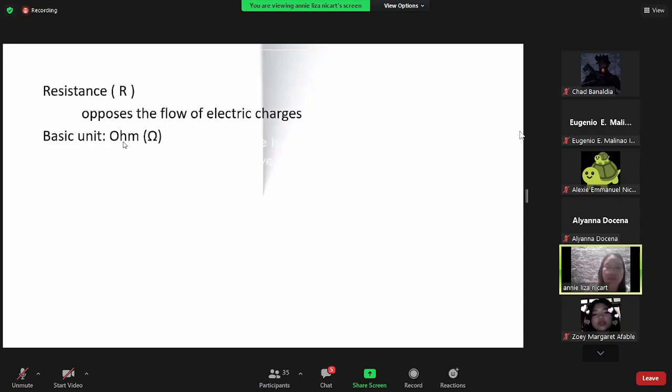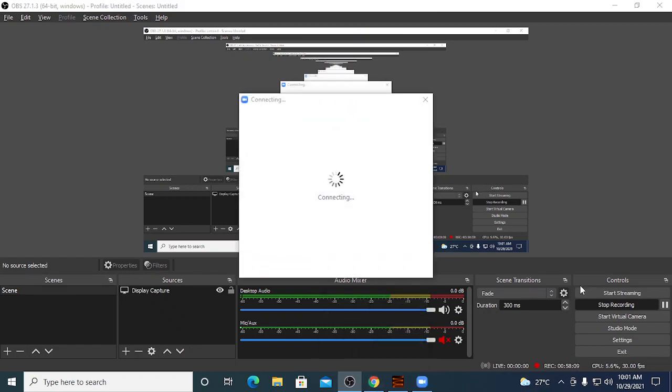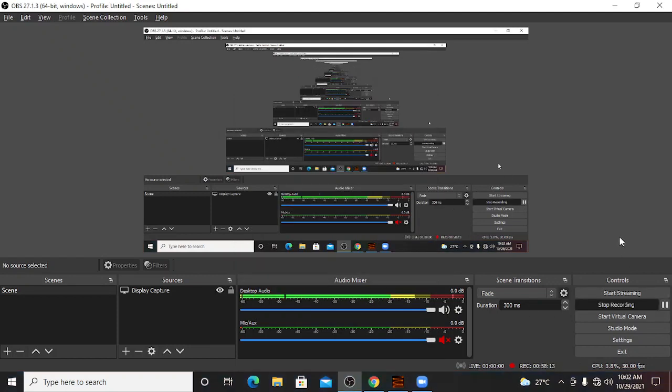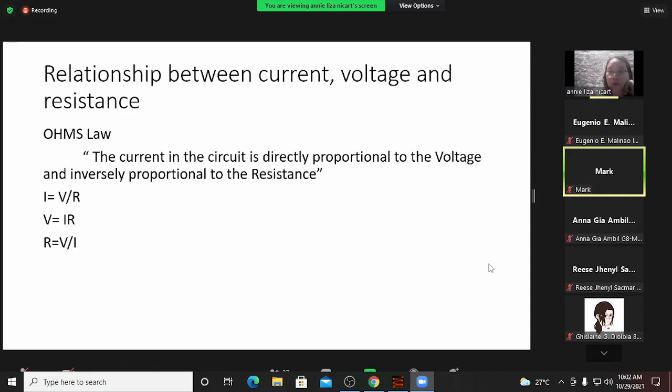Okay, so Ohm's law, which states that the current in the circuit is directly proportional to the voltage and inversely proportional to the resistance.